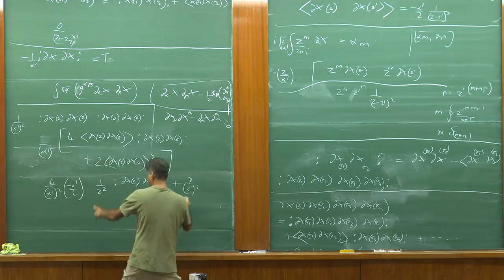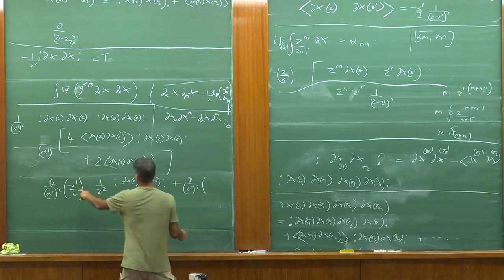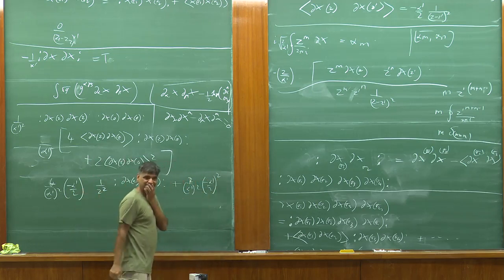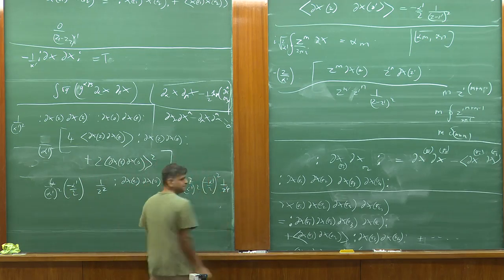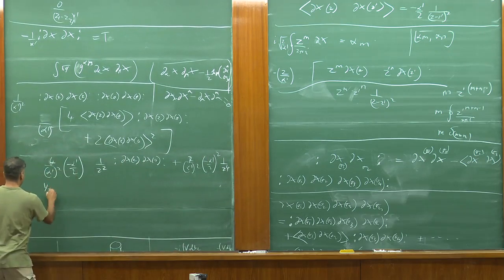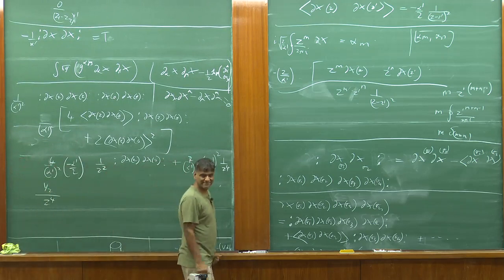Then there was a factor of 2. Then this guy comes with a factor of 2 squared, minus alpha prime by 2, the whole thing squared, okay, and then 1 over z to the 4. So let's take that last term first. That is half by z to the 4, because there's 2 and then there's 1 over 2 squared. Alpha primes cancel.